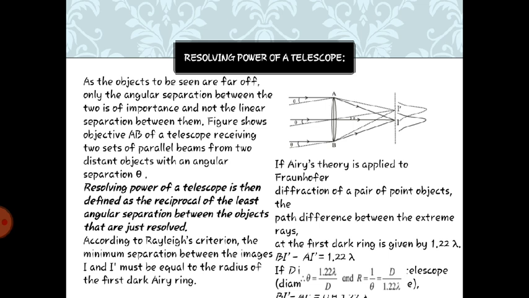Now the objective AB that we are going to consider for the telescope receives two sets of parallel beams from two distant objects with angular separation theta. These are the rays incident on this objective, producing angular separation theta. The resolving power of a telescope is defined as the reciprocal of the least angular separation between the objects that are just resolved.